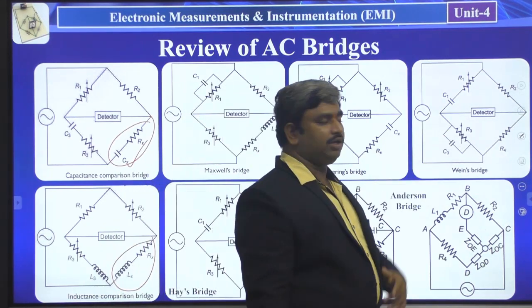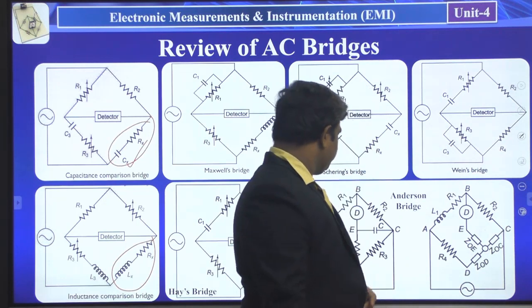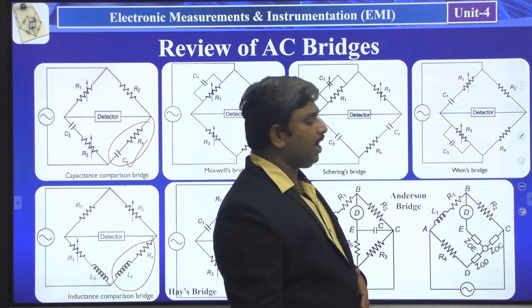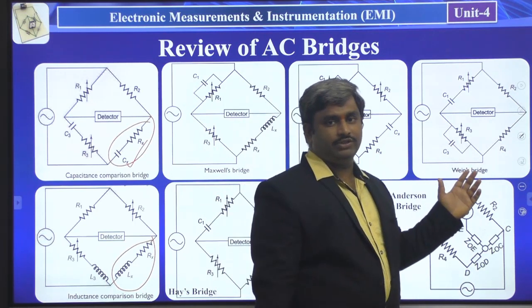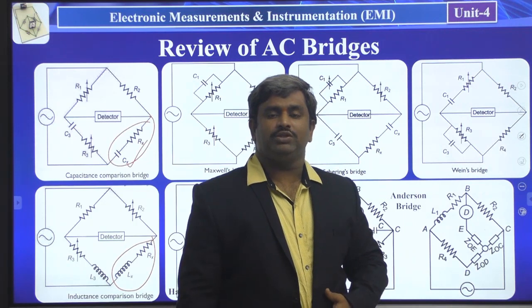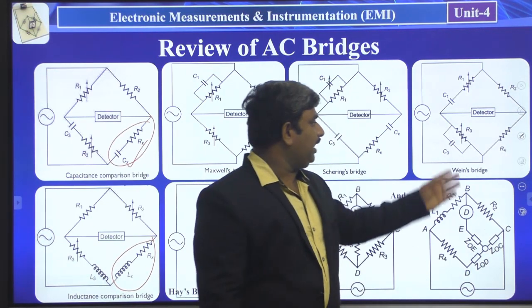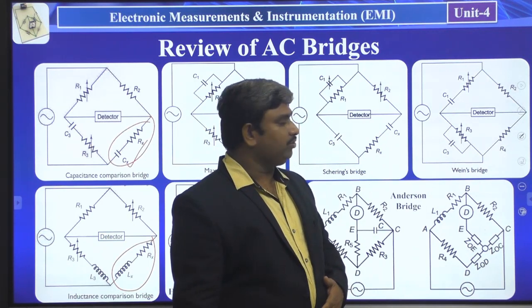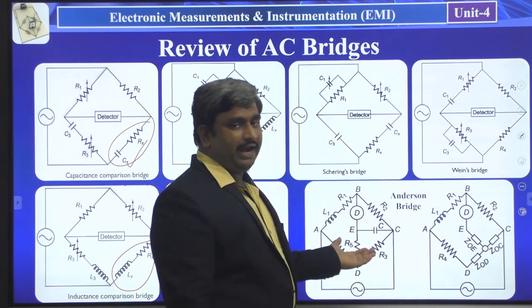And next coming to Wien's bridge. With the help of this Wien bridge, we have measured the frequency values of that bridge. So here we are using Wien's bridge for measuring the unknown frequency and unknown capacitance value, which will be available in the third arm. So this is the Wien bridge. And last one, Anderson's bridge.